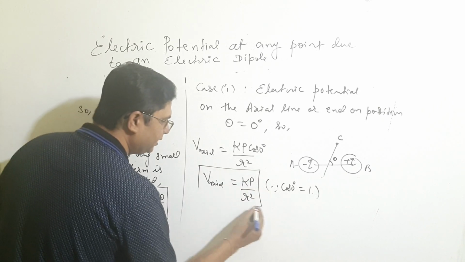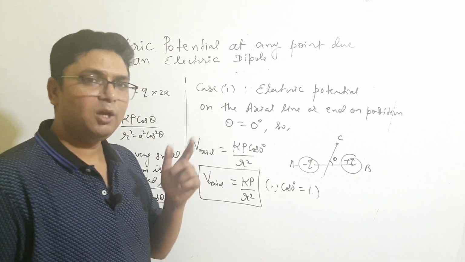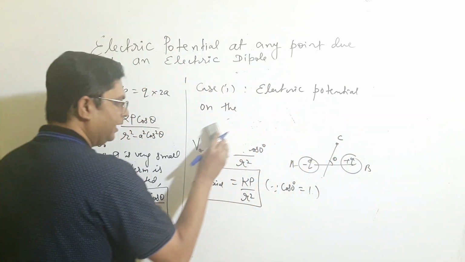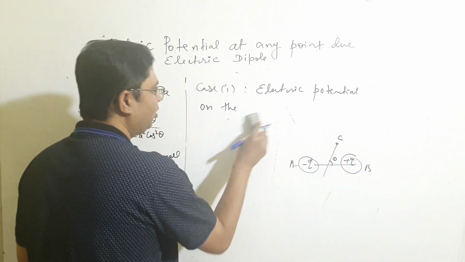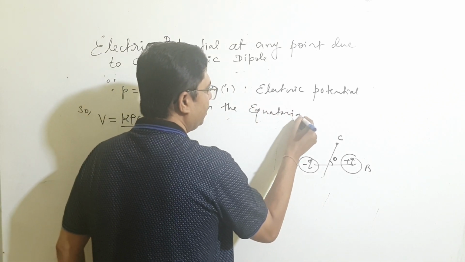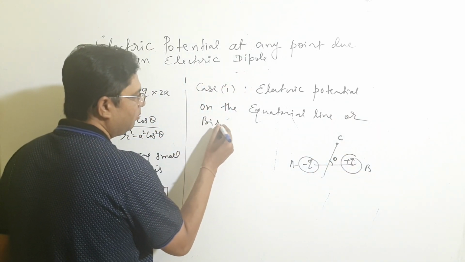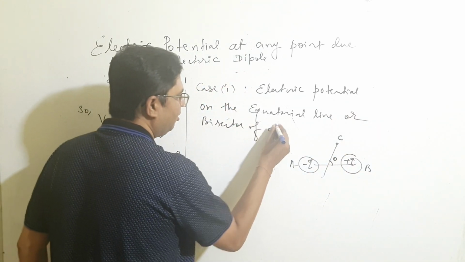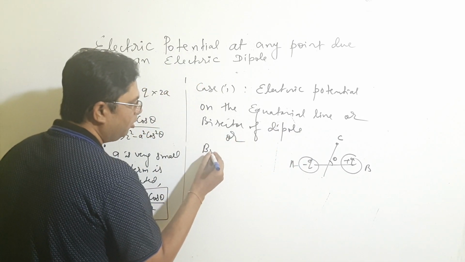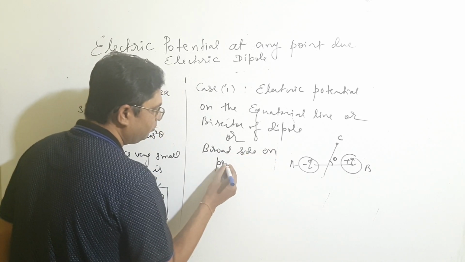Memorize the formulas. Now next, case number 2, that is the electric potential on the equatorial line, or bisector of dipole, or broad side on position.